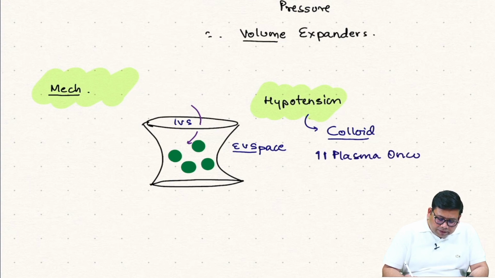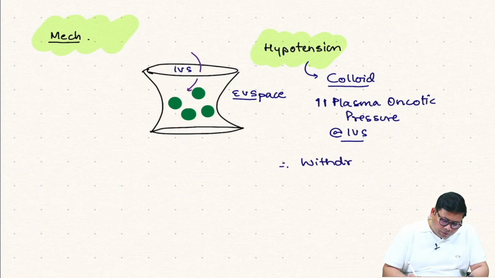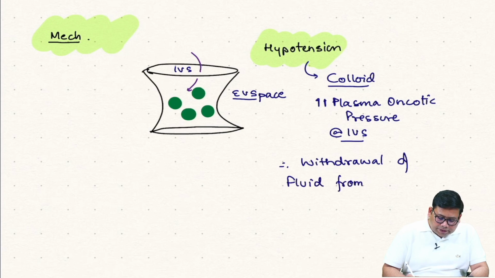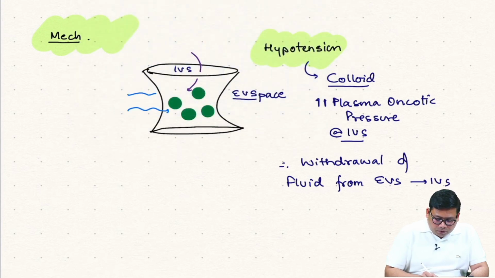So once it increases the plasma oncotic pressure, what is going to happen, students? This is going to increase the plasma oncotic pressure of the intravascular space, and therefore it withdraws fluid from the extravascular space into the intravascular space, and this is very important, and this is what you needed.